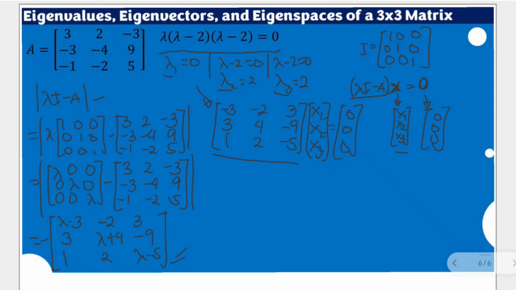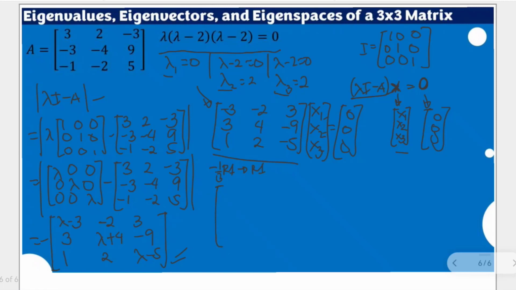But here, since we don't have 0 entries, what we need to do is come up with the row echelon form of this. So the first step is to multiply negative 1/3 to row 1, so you have in your row 1 a leading 1.